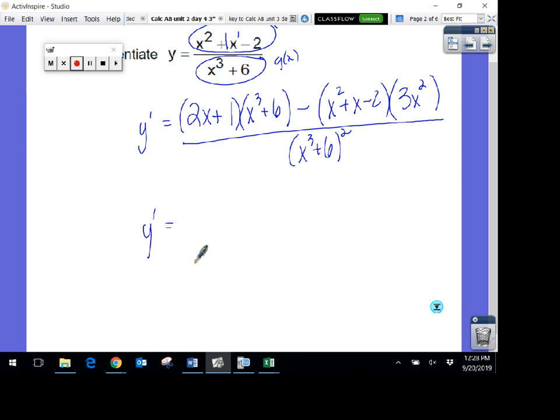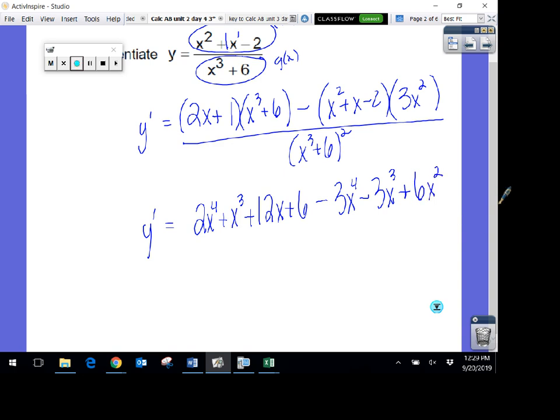So we have y prime equals 2x to the fourth plus x cubed, 12x plus 6. And this would be minus 3x to the fourth minus 3x cubed plus 6x squared.